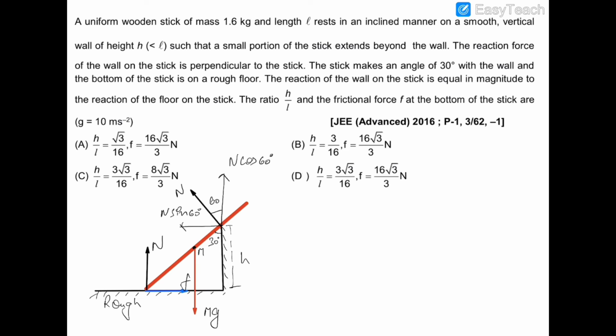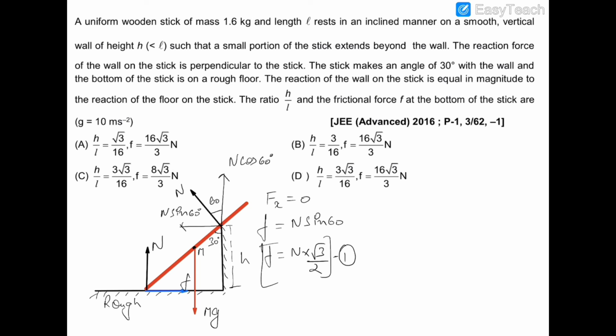We know that this rod is in equilibrium, therefore the x component of the net force acting on the rod is 0. Therefore we can say that the friction acting on the rod will be equal to n sin 60, which is n root 3 by 2. This is equation number 1.